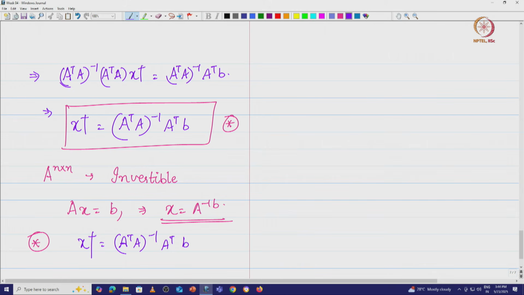Now, if you look at these two expressions, the left hand side has only x, but on the right hand side here we have A inverse, and here there are terms which pre multiply this B, which is A transpose A the whole inverse into A transpose.